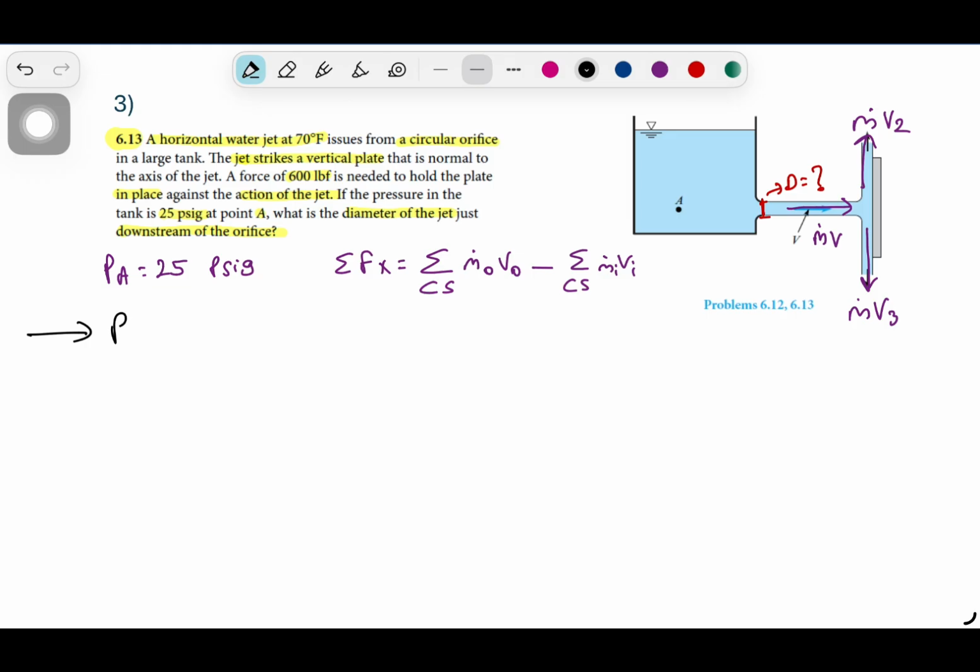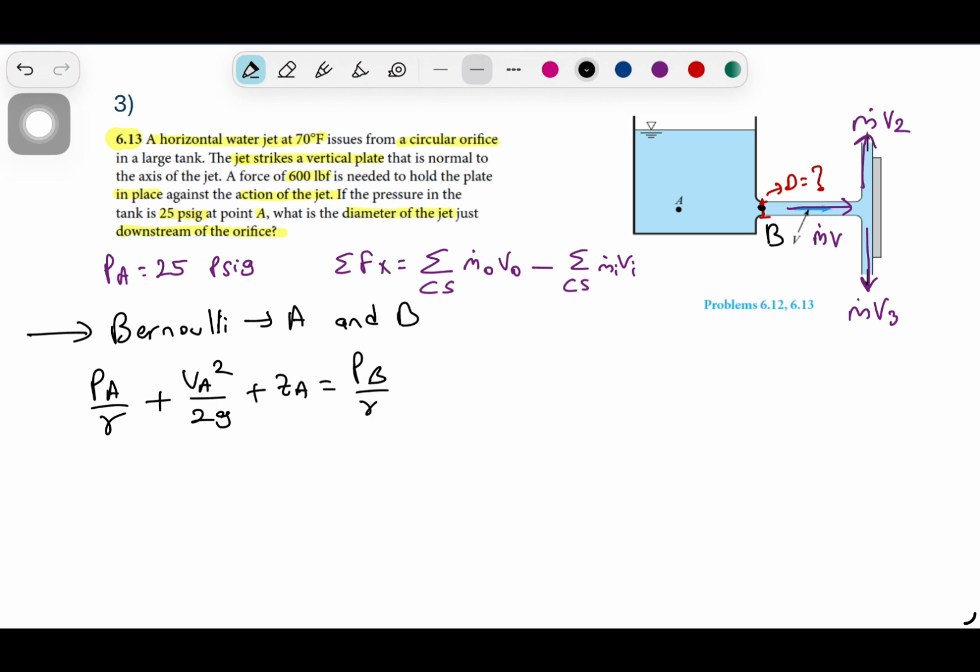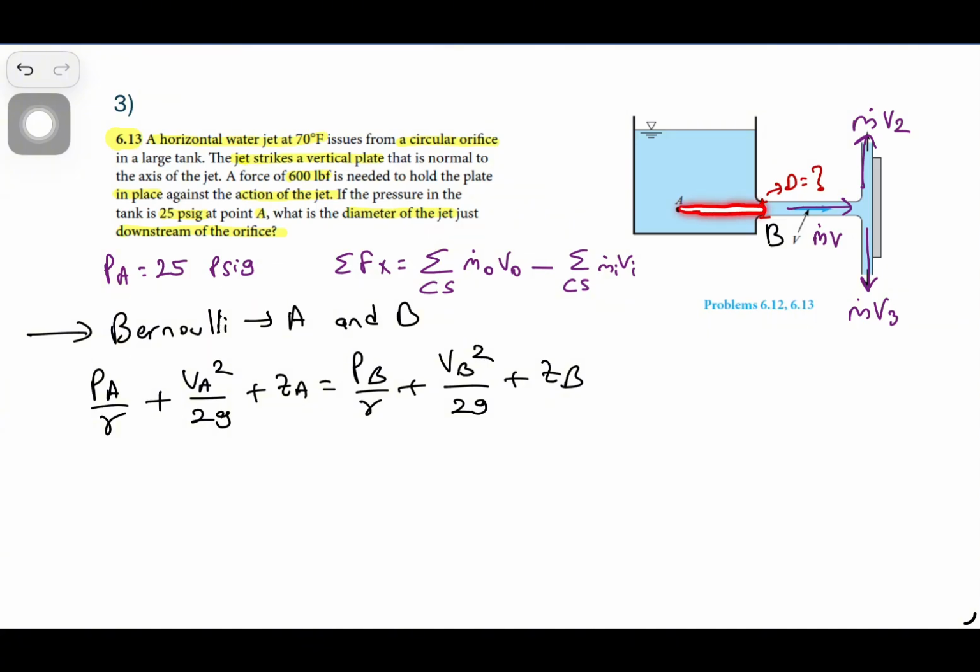So let's say Bernoulli A and B, and let's call this B, this point. So we have PA, comma, so similar to previous question, we have points at the same level.